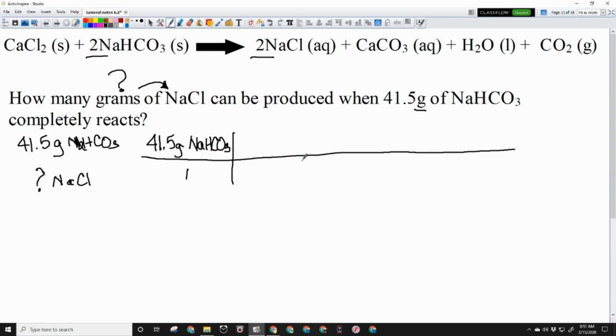So we need to get rid of grams of sodium bicarbonate, and we need to convert that to moles because I have to have everything in moles because this relationship in our equation is in moles. Now, how do I do that? Let's look back at the mole map.